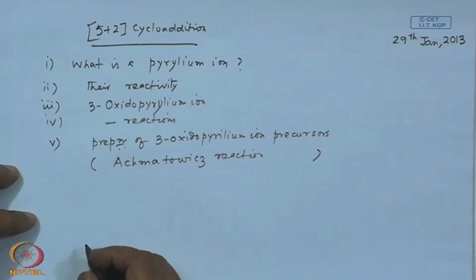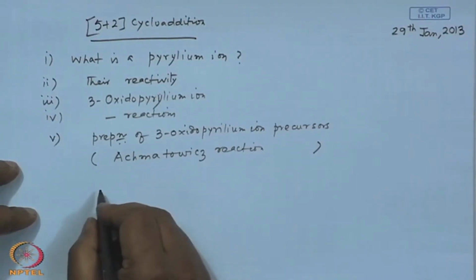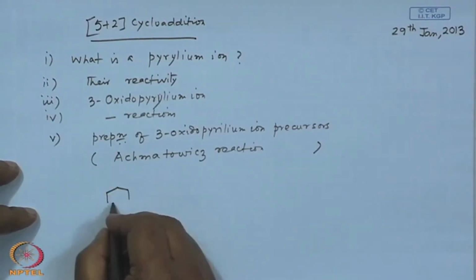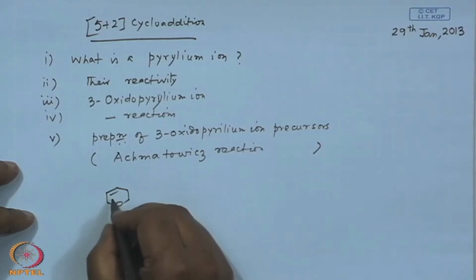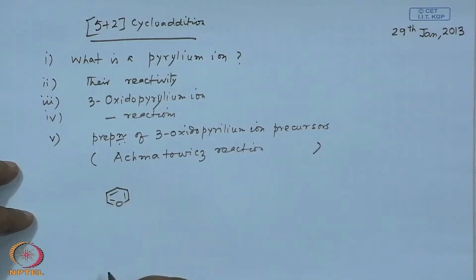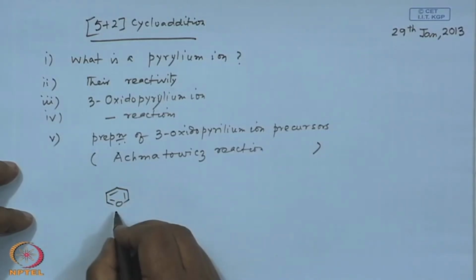Actually one of the commonest ones is basically the pyrylium ion. Mind it, pyrylium ion, which is nothing but it comes from the pyran ring system, and a double bond here, and also obviously oxygen is trivalent.